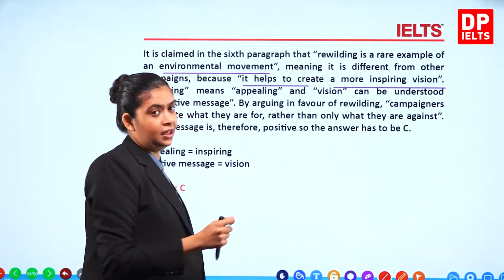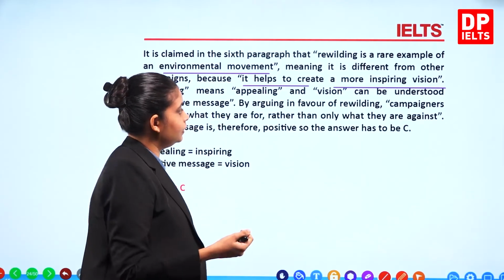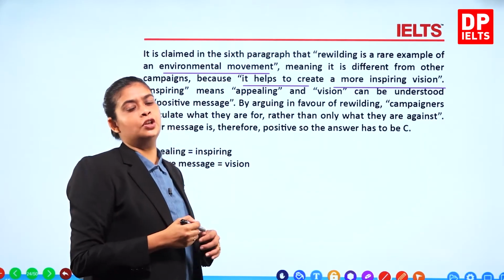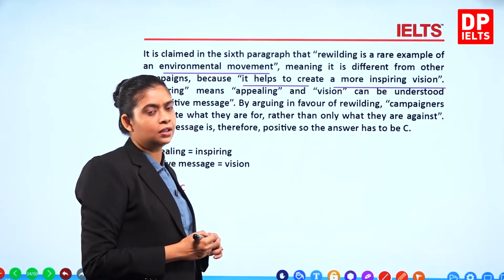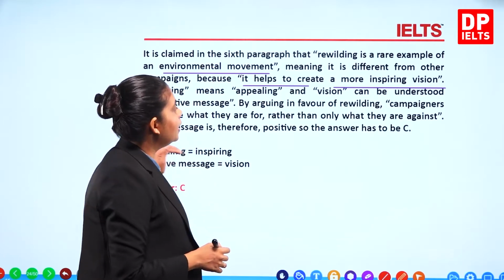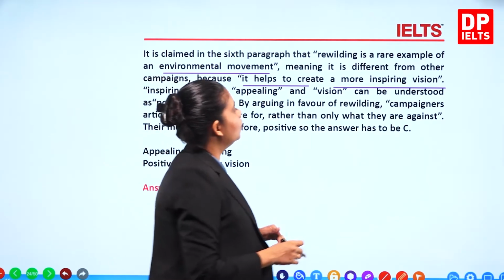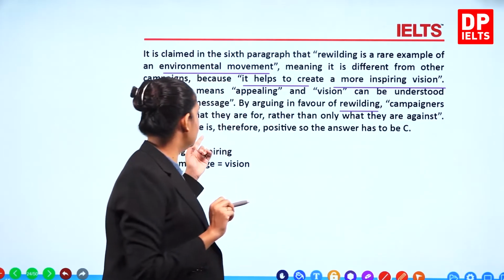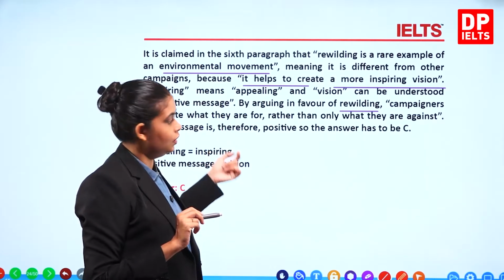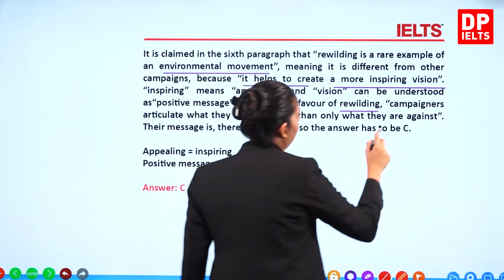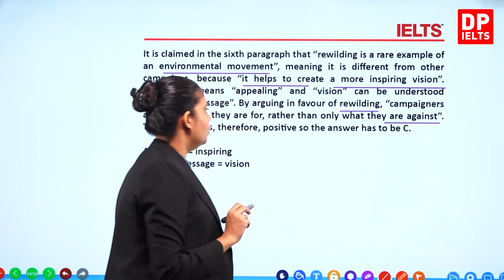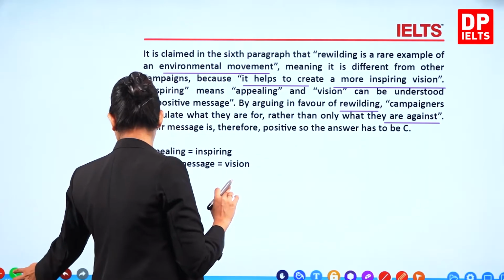Inspiring means definitely appealing. Vision can be understood as a very positive image that you put across to your target audience. So by arguing in favor of rewilding, campaigners articulate what they are for rather than only what they are against, right? So their message is therefore a positive one, right?